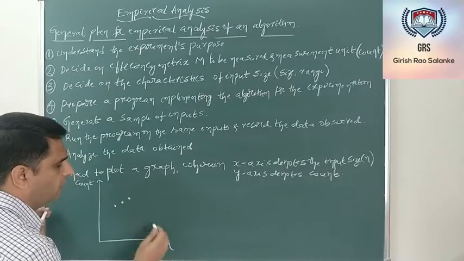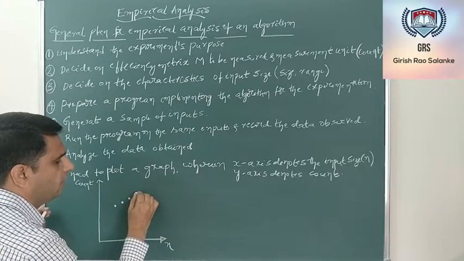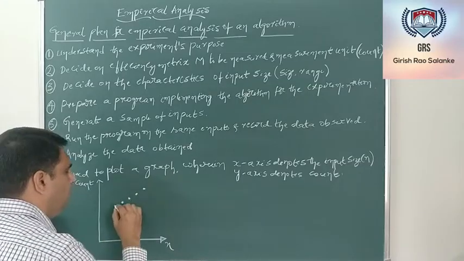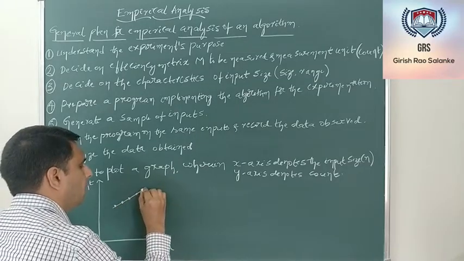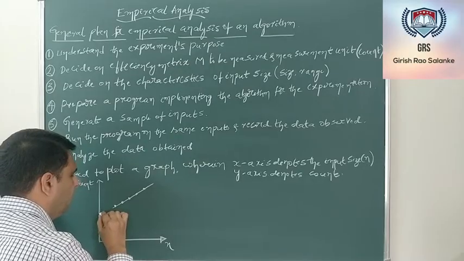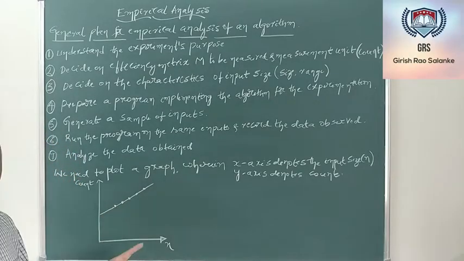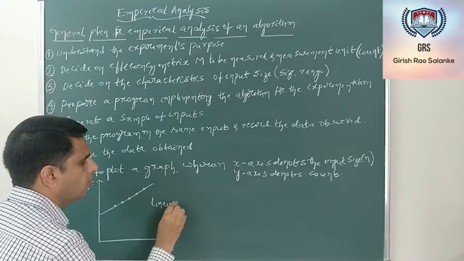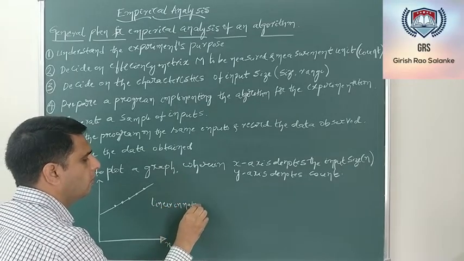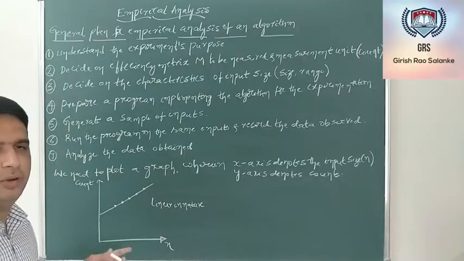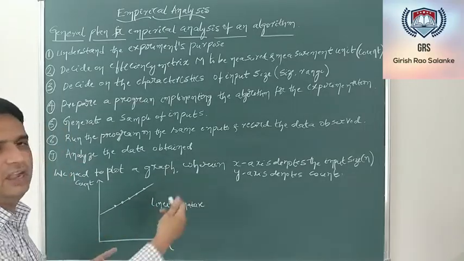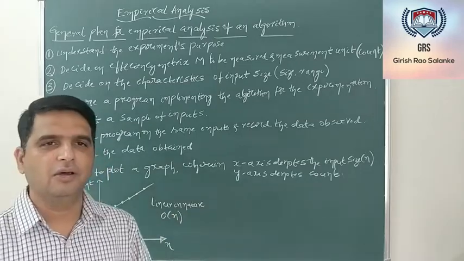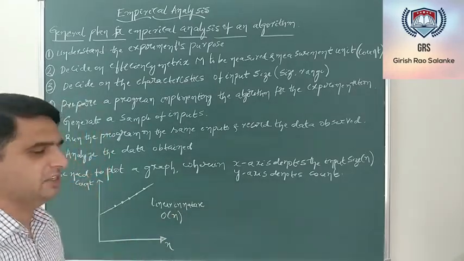On increasing the value of n, the count value is increased here and here. So, these are my points on the graph. Now, if you join these points, you may see that it is linear in nature. If so, what would be the time complexity of that algorithm? As you see, this is a straight line, so this is order of n. This should be the first observation.